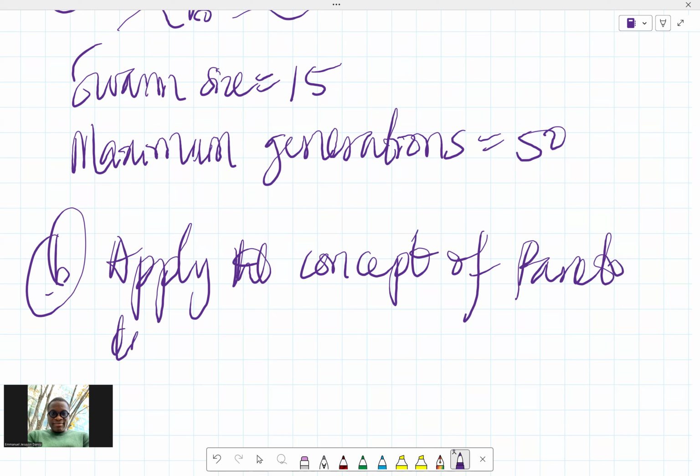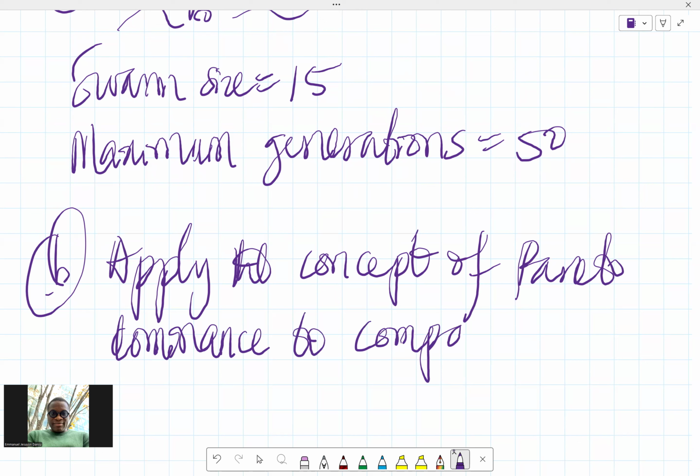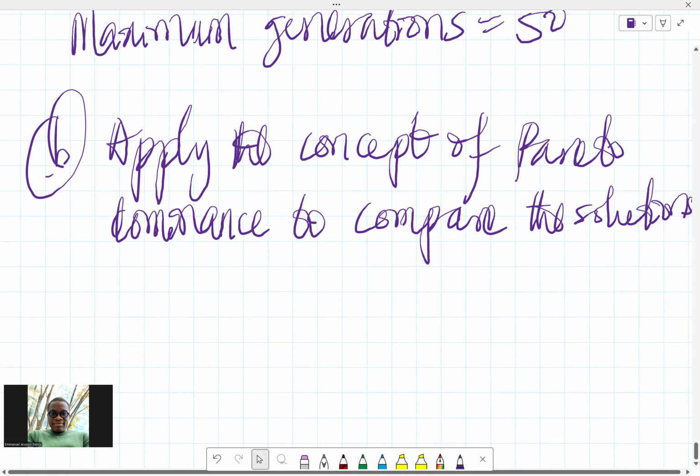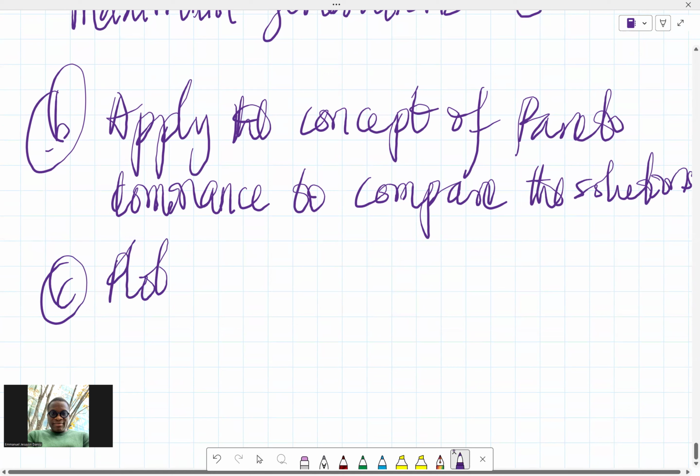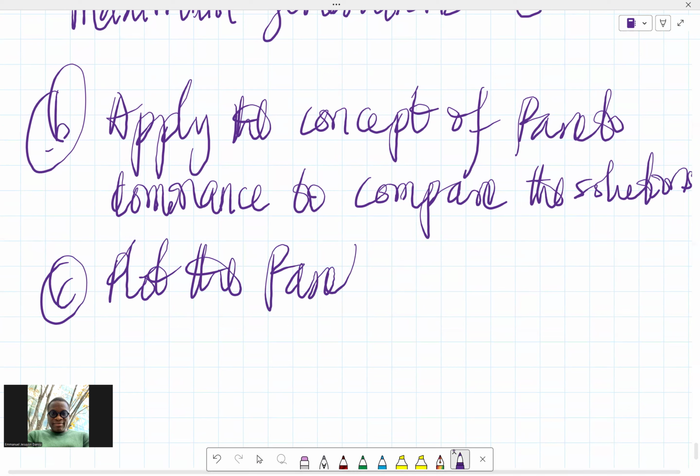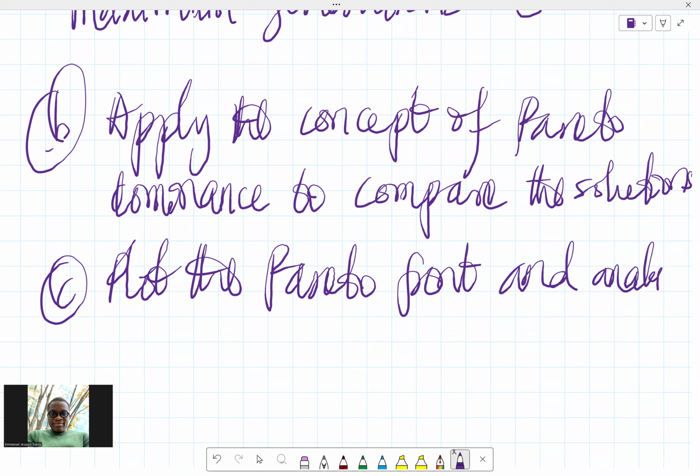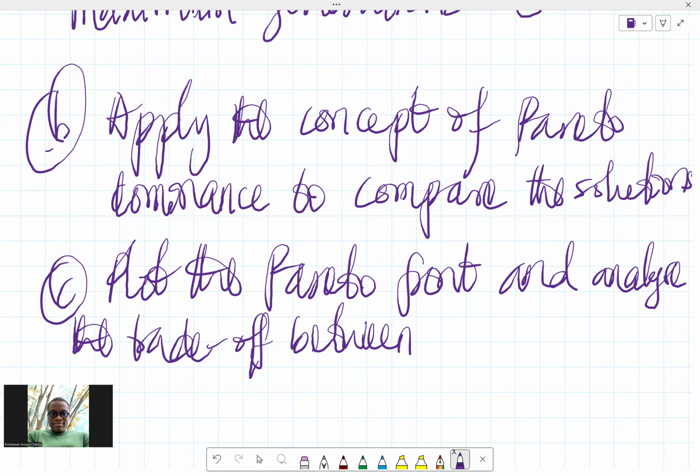You want to check up what that is about. Then plot the Pareto front, and analyze the trade-off between the two objectives. So this feels like some kind of project.